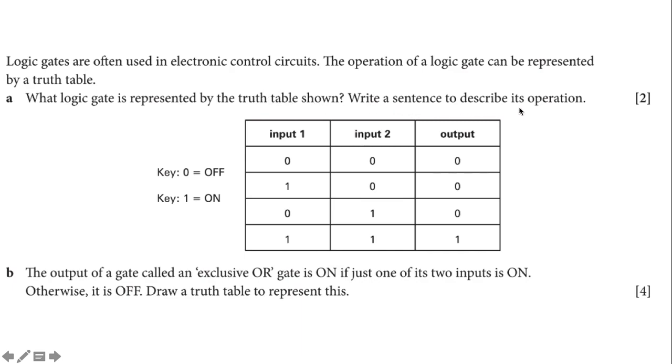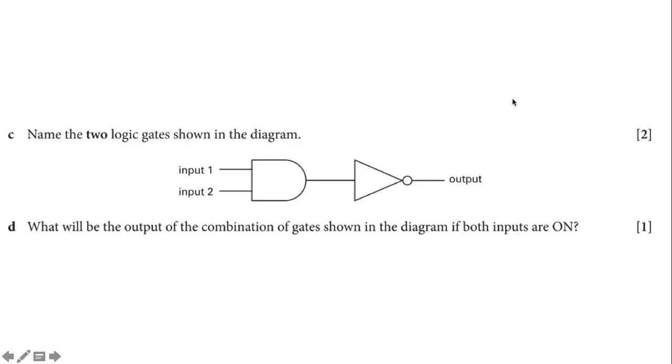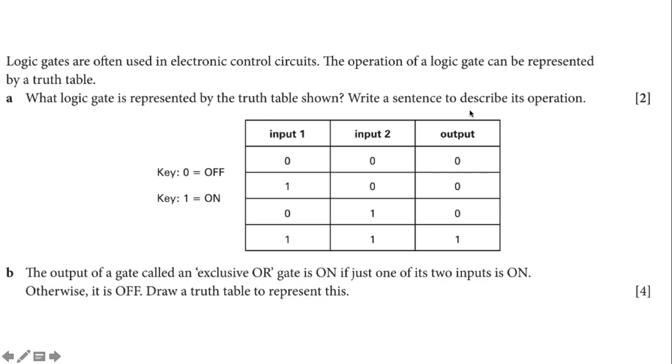Write a sentence to describe its operation. Let's see. Input 1, 0, 0, 0. 1, 0, 0. 0, 1, 0. 1, 1, 1. So what logic gate is this? This is an AND gate. How can we describe its operation? Its operation is that it will give an output of 1 when both inputs are 1.